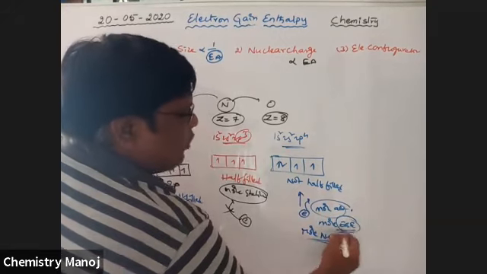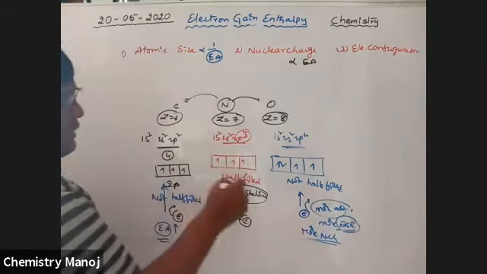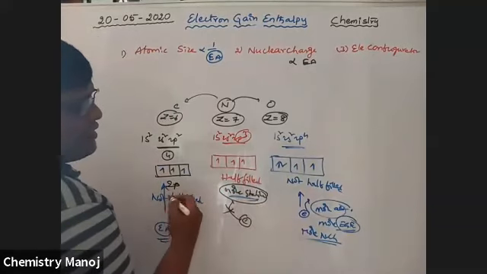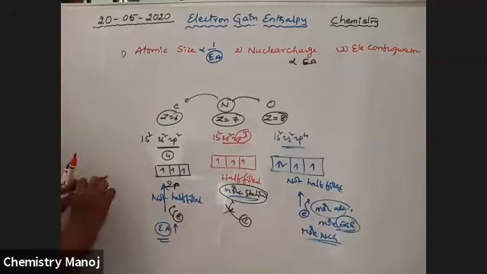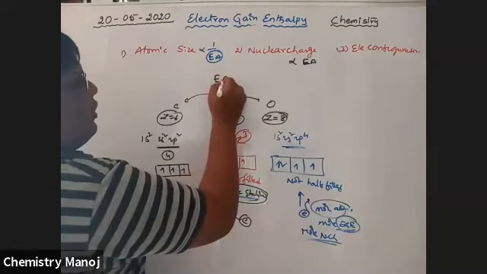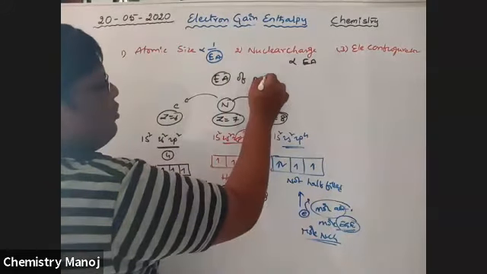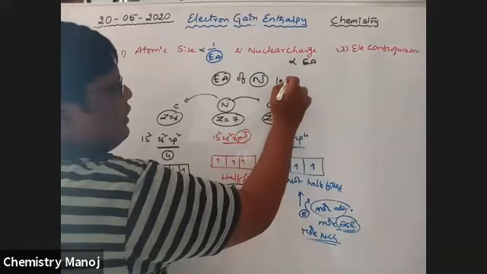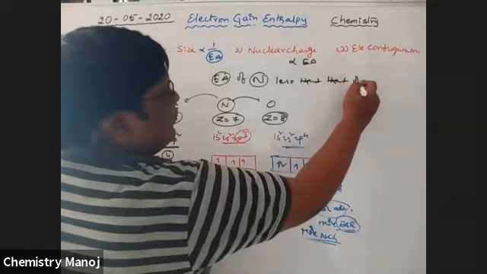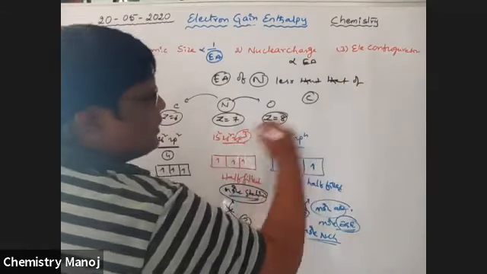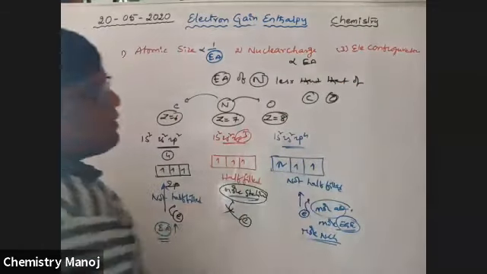But nitrogen is itself stable, not ready to accept an electron. That's why the electron affinity of nitrogen is less than that of carbon, its preceding element, and oxygen, its succeeding element.